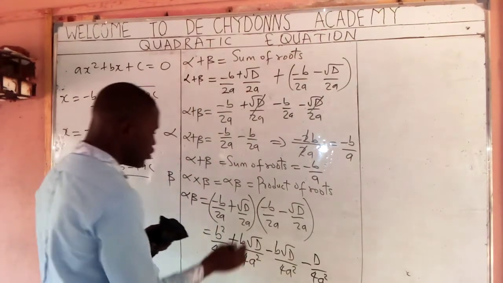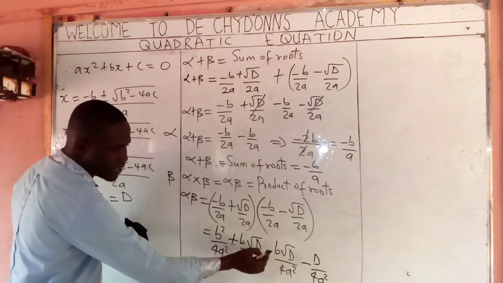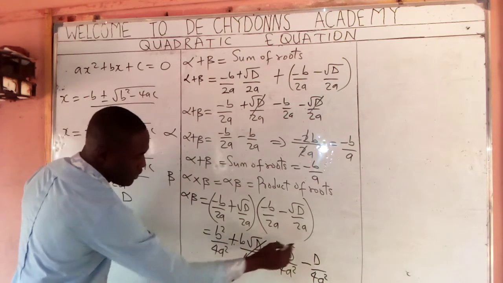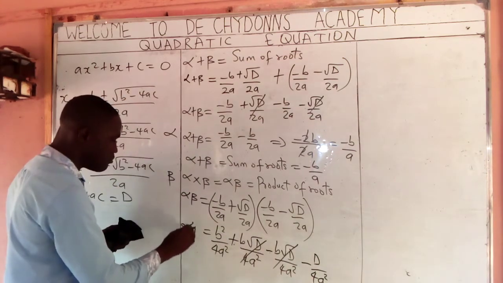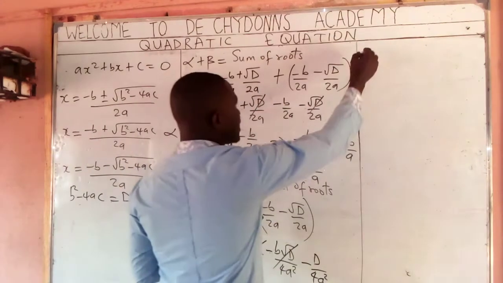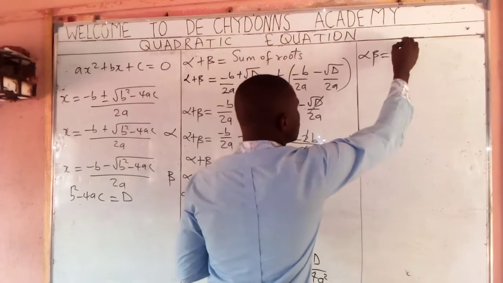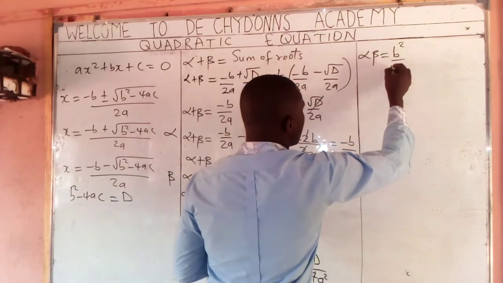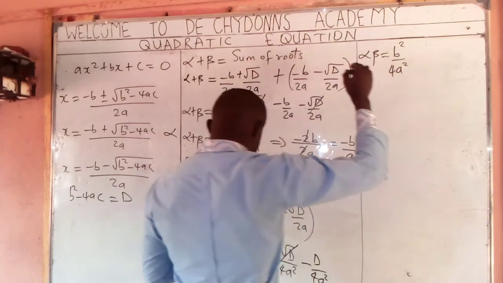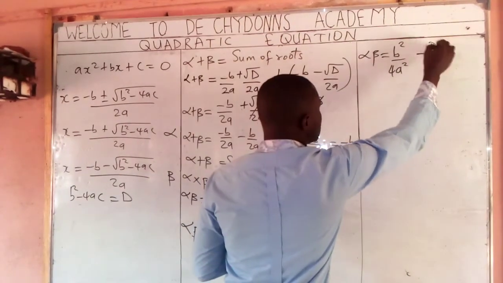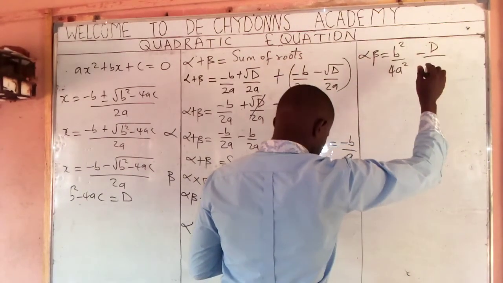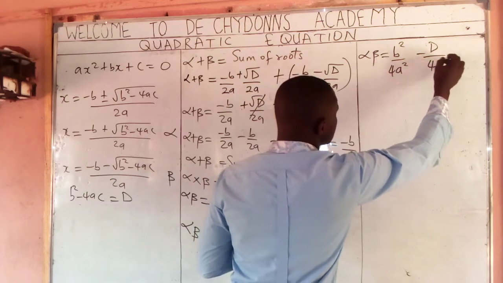Then we continue. We say that this is plus and this is minus, and they are the same. This will minus this, alpha beta. Then we now say alpha beta equals b squared all over 4a squared minus d all over 4a squared.